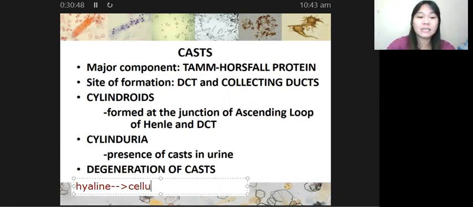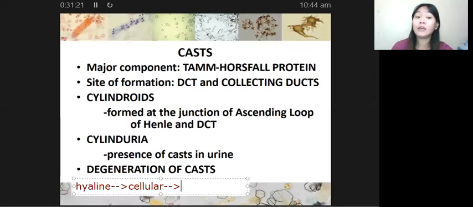Thus, the next type of cast that will form are your cellular casts. Alright, so marami po tayong types ng cellular casts. We have your RTE casts, we have your Rbc casts, we have your bacterial casts, we have your Wbc casts. Alright, so next ay cellular cast. Okay? So say for example, hindi pa din siya nagde-detach from our RTE cell.